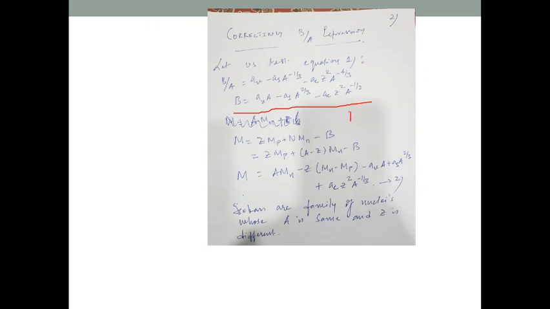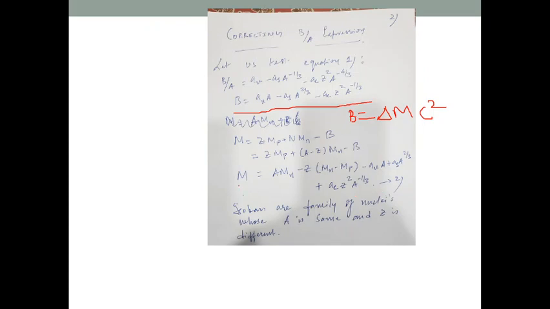It's one and the same, because finally B is equal to delta M C square. Now since I have the binding energy expression, I get the mass expression. So this is what I do, and I write it as A minus Z, and then I simplify, so I get this expression.